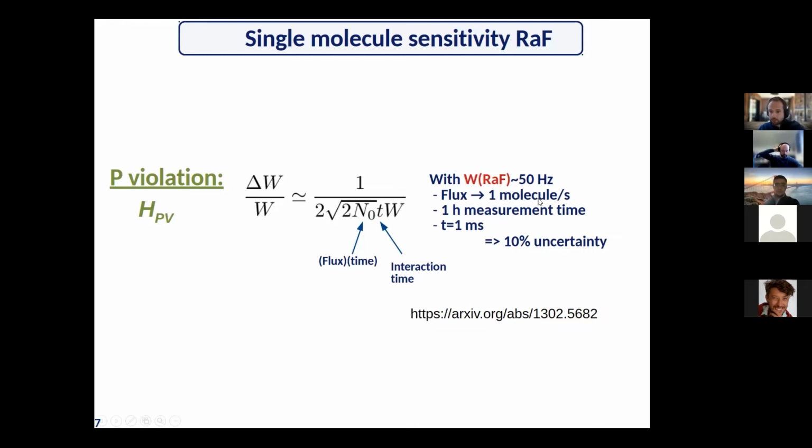Even with 1 molecule per second, in 1 hour of measurement time, with a coherence time of about 1 millisecond, you will be able to get these parameters with an uncertainty of 10%. Okay, the sensitivity is that large that with a single molecule and decent experimental parameters, you can still get this with an uncertainty of about 10%.